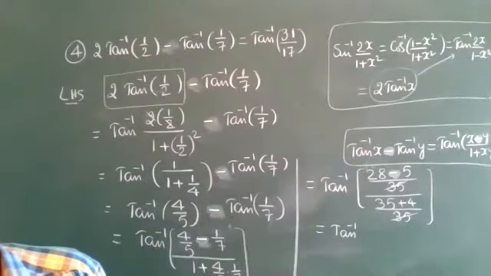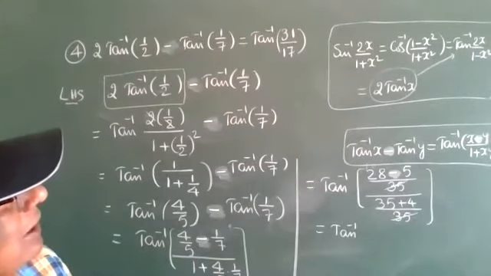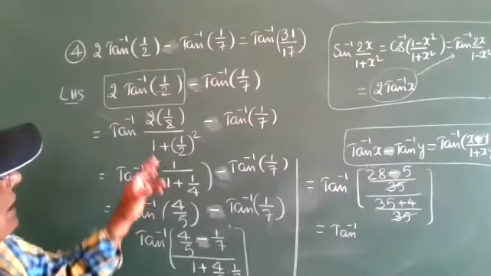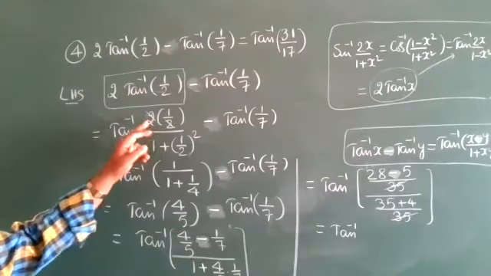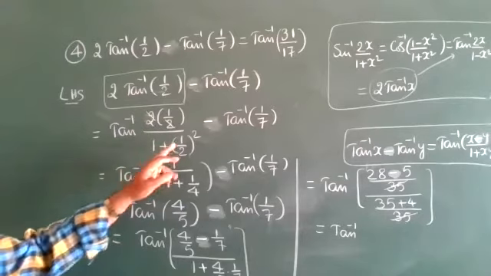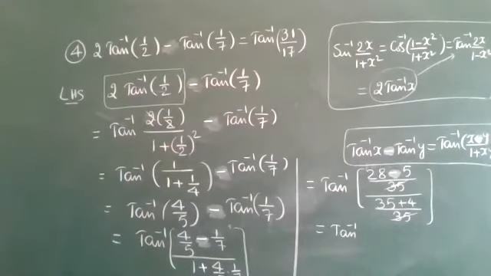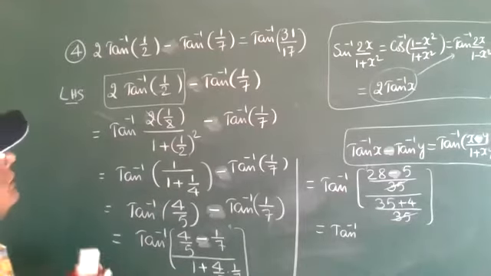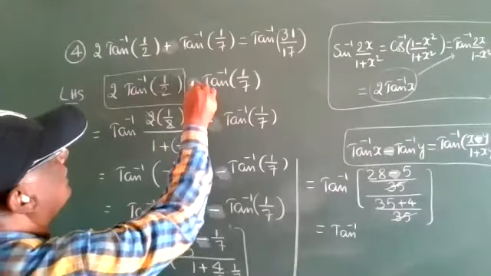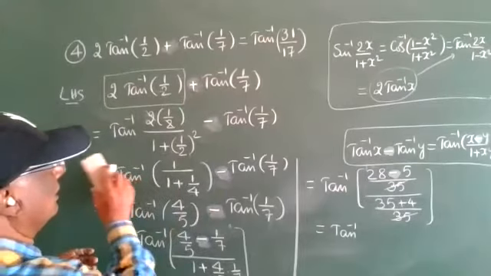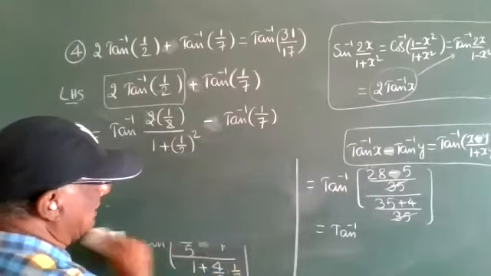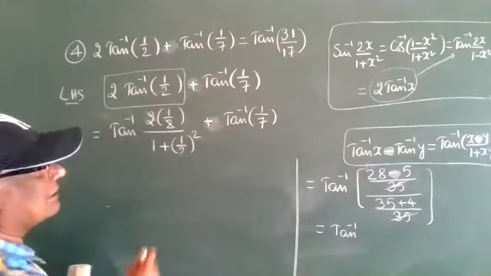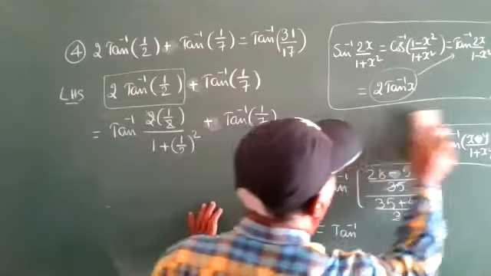The 2 tan inverse x formula: so 2 tan inverse x, the 2 is cancelled, 4 plus 1 is 5, so I am going to take 5 by 4. Okay. Now see, not minus, the middle is plus.